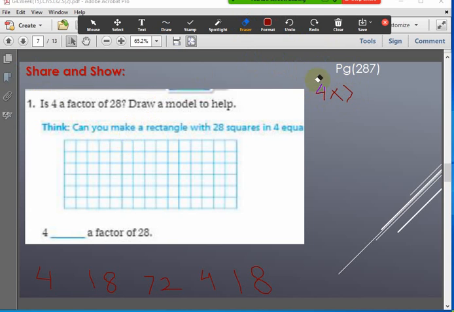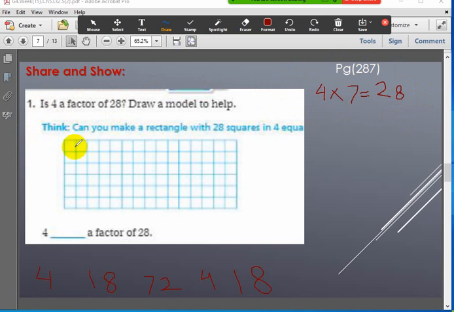Girls, please stop typing on the chat. Type just one time, I will see your answers. But in this way, I can't see the answers. So you know that from the multiplication table, 4 multiplied by 7 equals 28. That means 4 is a factor of 28 because there are two numbers that, if you multiply them by each other, will give you 28. This is the way using the multiplication table.